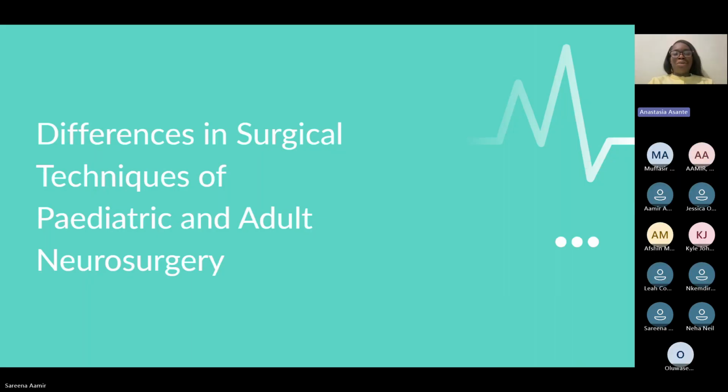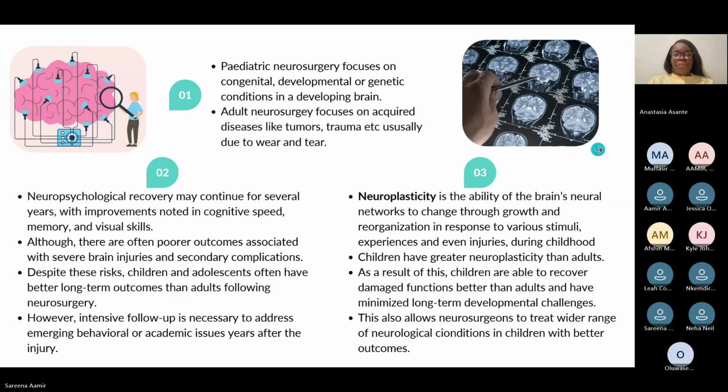Okay, so now we're going to move on to differences in surgical techniques of pediatric and adult neurosurgery. In terms of pediatric neurosurgery, it mostly focuses on congenital development or genetic conditions in the developing brain.